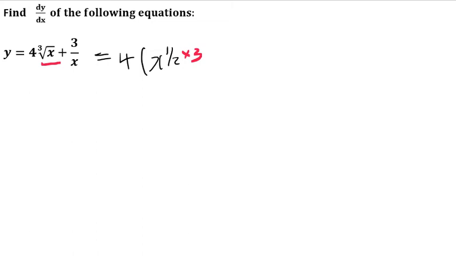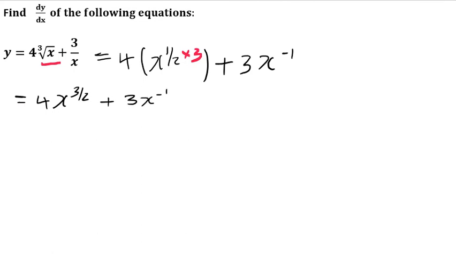Remember from the previous video I told you that you multiply by 3. Plus your 3x to the power of minus 1. Then here you're going to get your 4x to the power of 3 over 2, then plus 3x to the power minus 1.